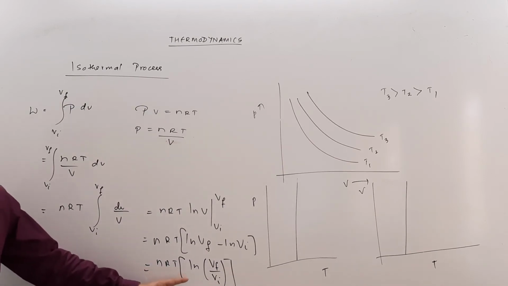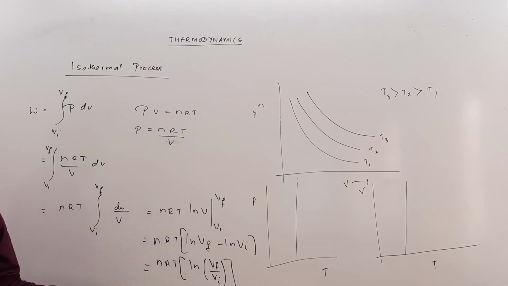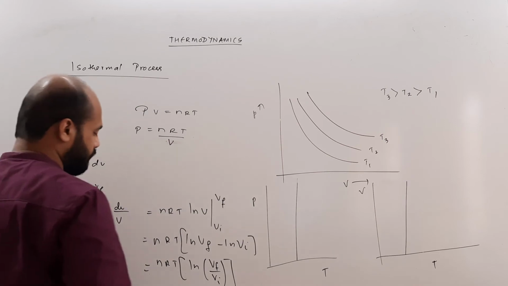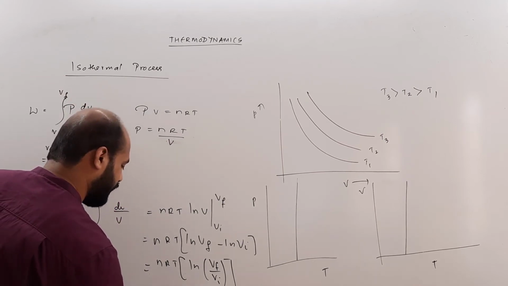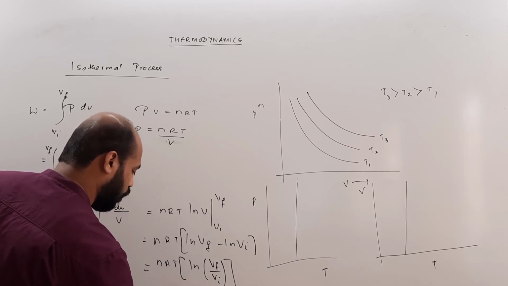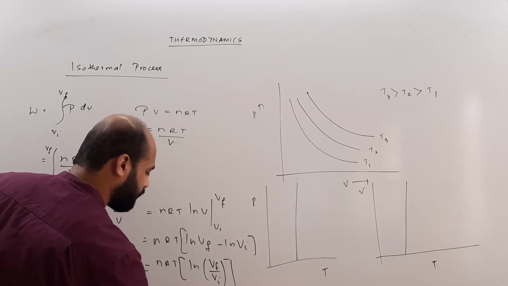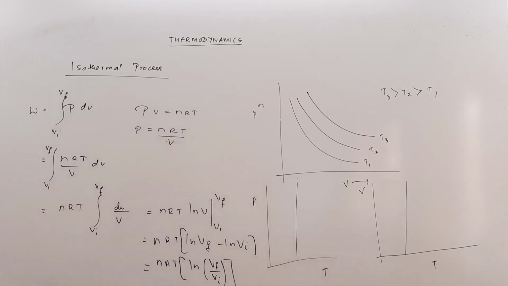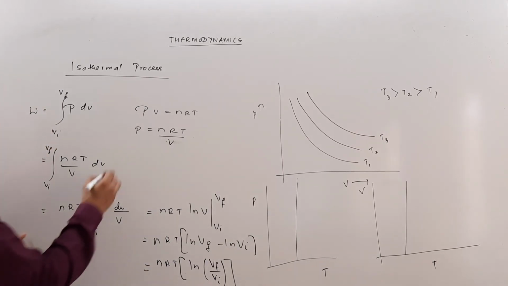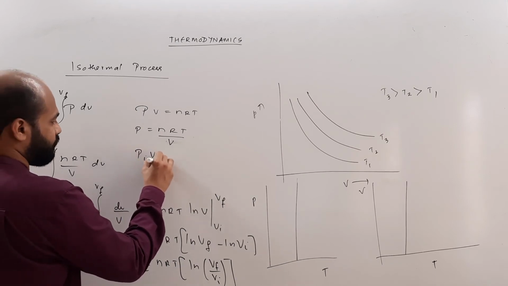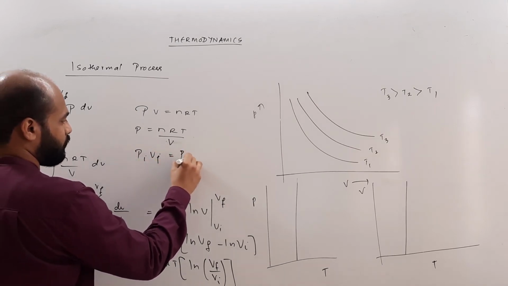Now if you want to convert natural logarithm to logarithm of base 10, we have to multiply by a factor of 2.303: 2.303 nRT log of V final by V initial. If you want to write this expression in terms of pressure, you can clearly see that P initial V initial equals P final V final.